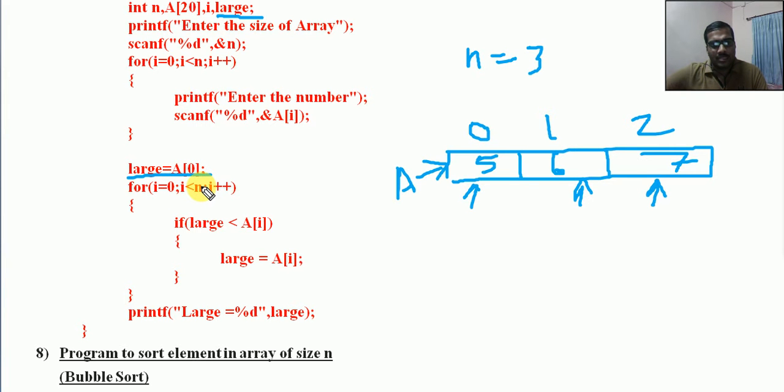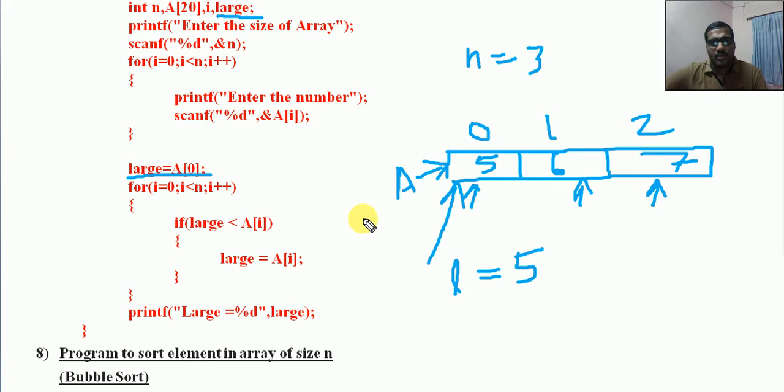We are taking the first value from the array, that is the 0th index location value, which will initially be considered as the value of large. So large is equal to 5, a of 0, 5 is assigned to large.